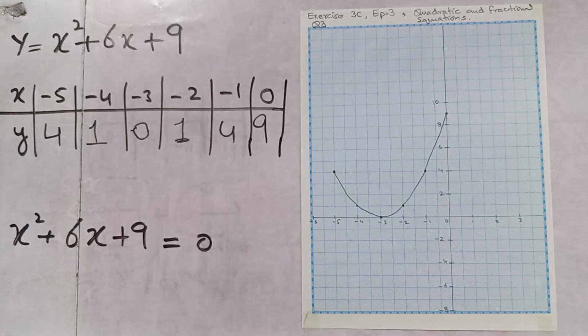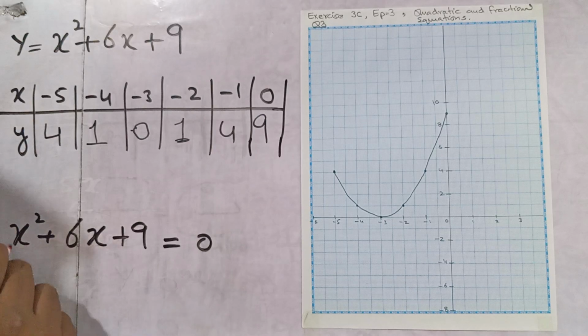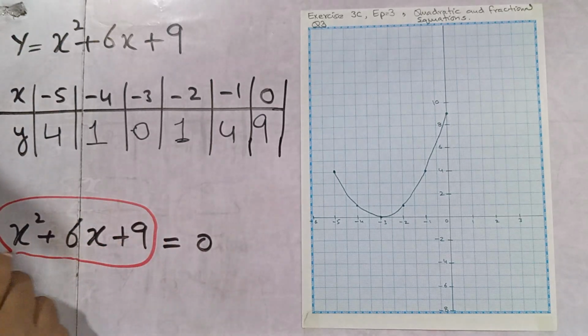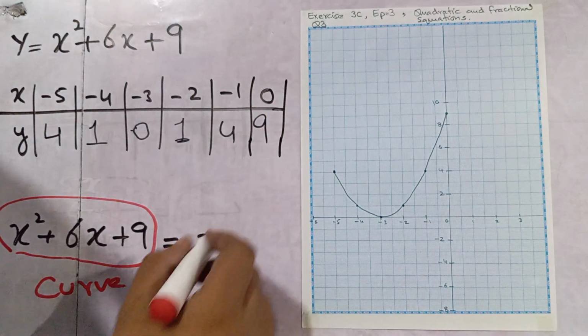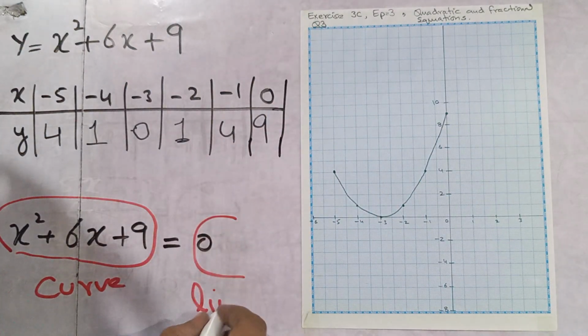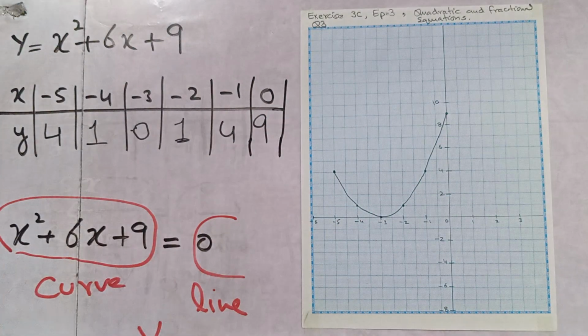Then they asked another question: to solve the equation x squared plus 6x plus 9. If you pay attention to this side, this is that curve's equation whose graph I have already drawn. Whatever is on the other side, we call it a line, y equals 0.